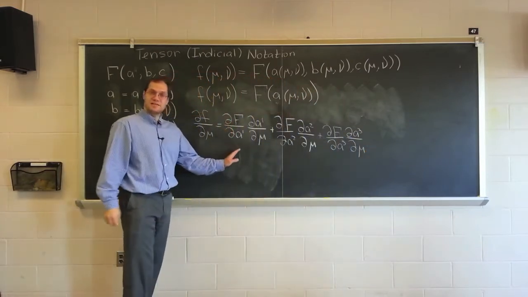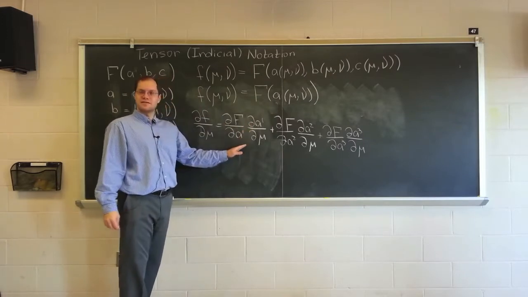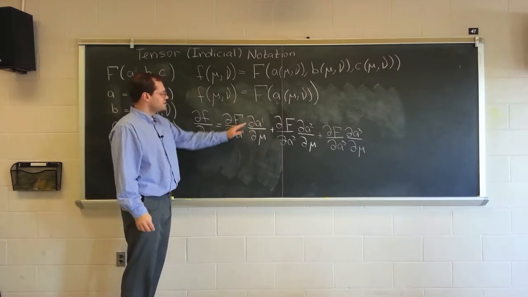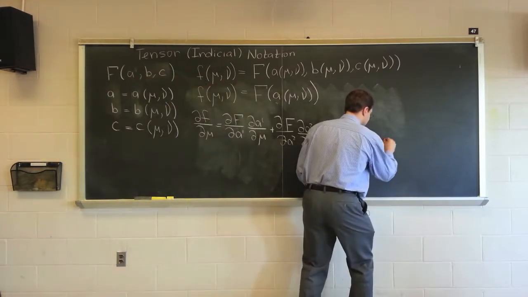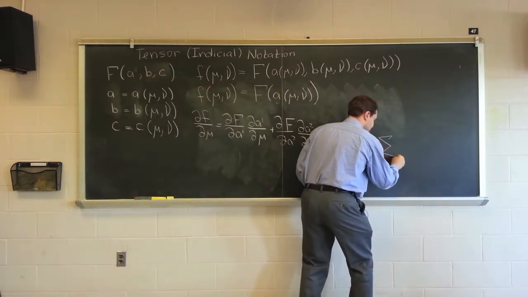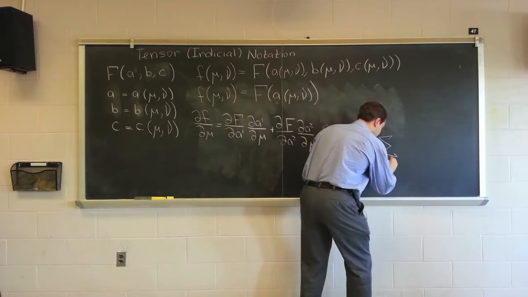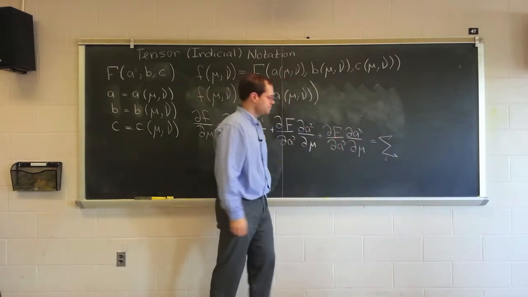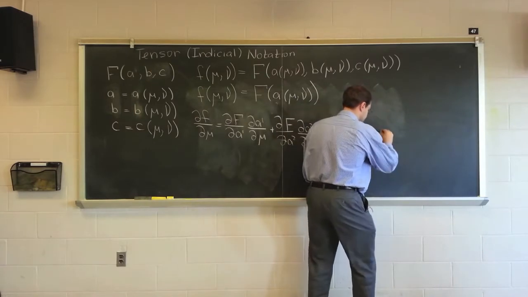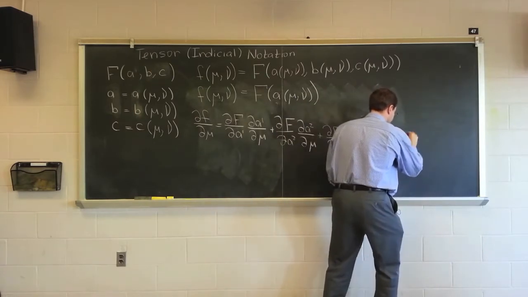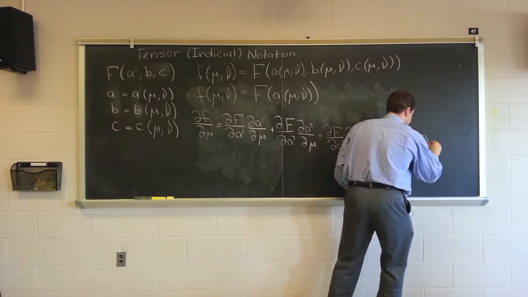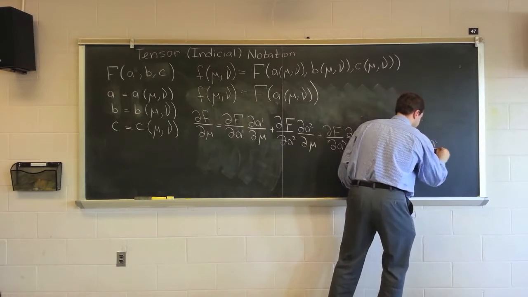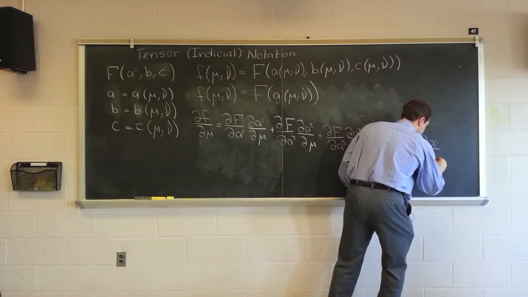And of course, what's nice about indexing the arguments of f is that you can now use the summation formula. It's the summation of i from 1 to 3 of df dAi dAi d mu.